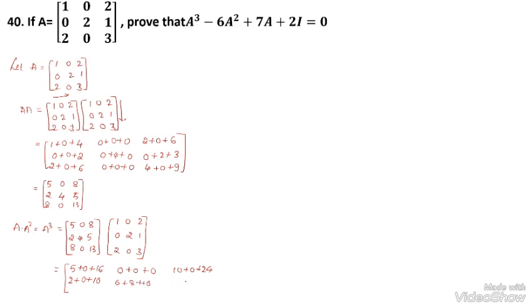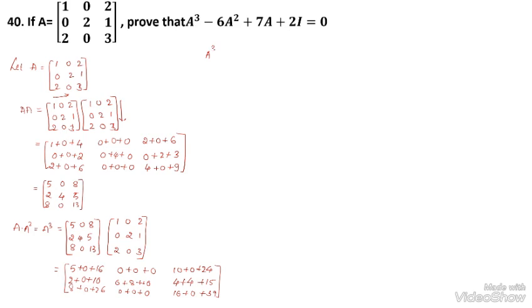Now 2 twos are 4 plus 4 ones are 4 plus 5 threes are 15. Again 8 ones are 8 plus 0, 13 twos are 26. 8 zeros are 0, 8 twos are 16 plus 0 into 1, 0. 13 threes are 39. Then I can add here, and it becomes A cube.